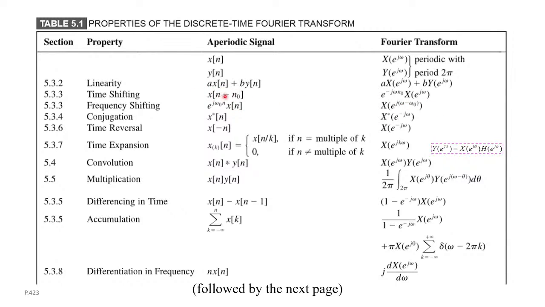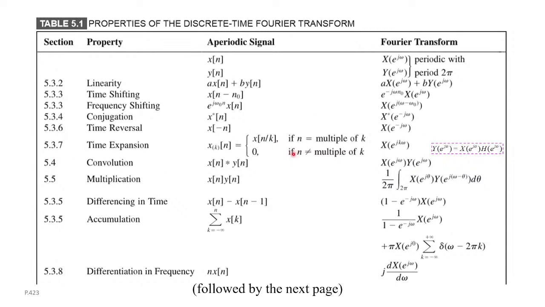Time shift in time domain, you get e to the minus j omega n, then shift in frequency domain, you go to e to the j omega n. And the conjugation, you get the conjugate and negation in the omega. And time reversal.